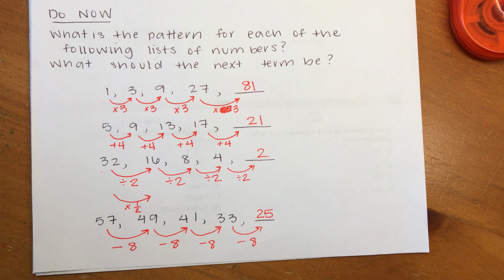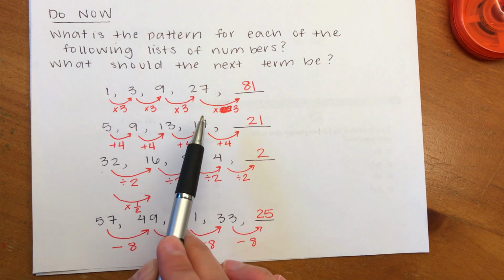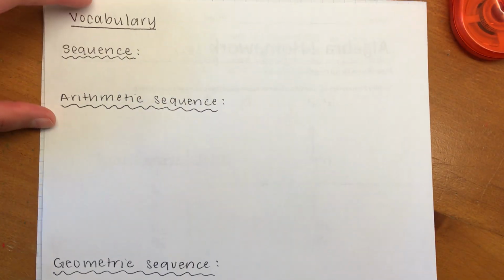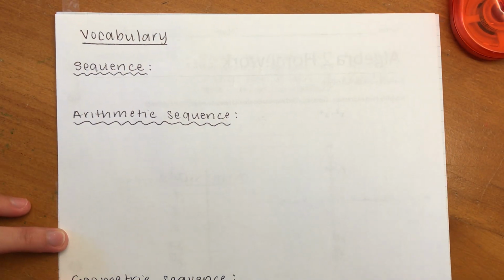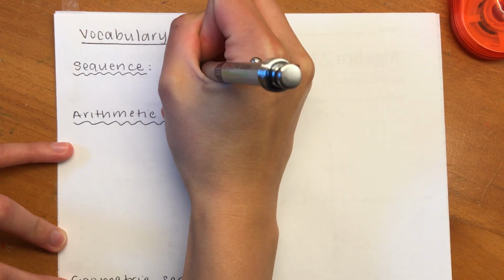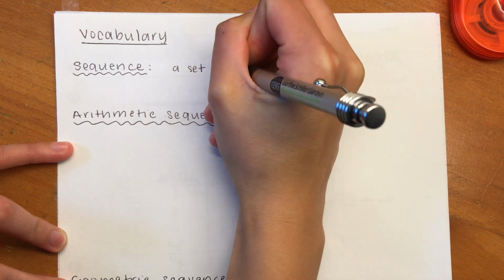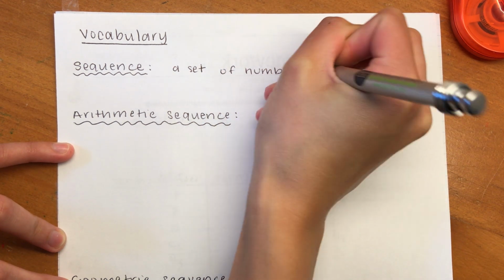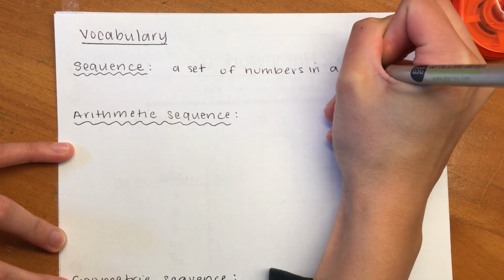And this is going to lead us into our discussion for today. So each of these lists of numbers are actually called a sequence. So now we're going to get into some vocabulary. A sequence. We're going to define a sequence as a set or list of numbers in a particular order.